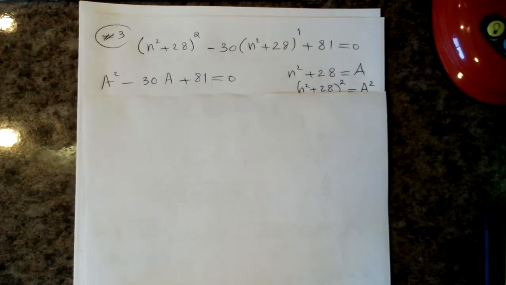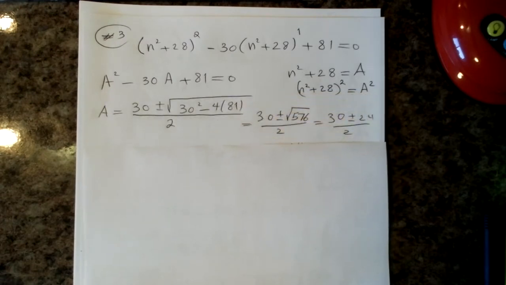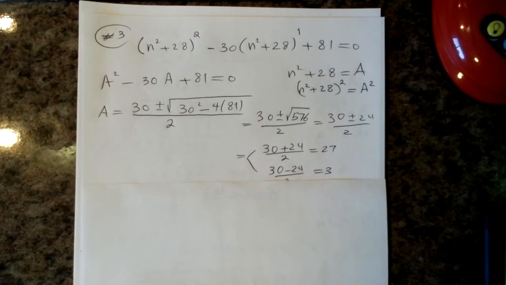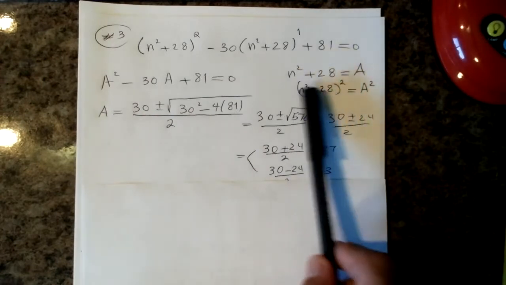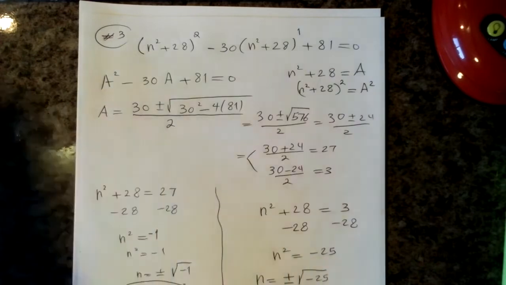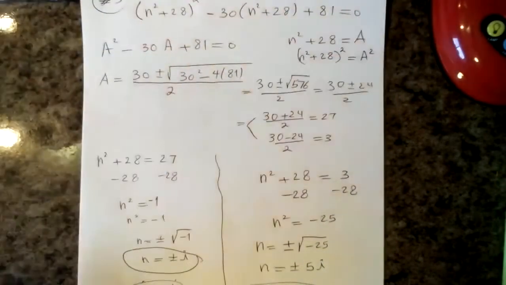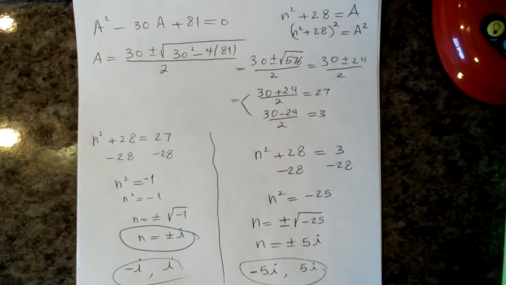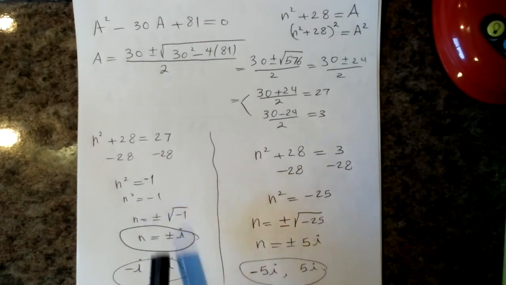Then you solve this equation for a. a is 27 and a is 3. What was a? a is n² plus 28. So then you have n² plus 28 equal to 3, and n² plus 28 equal to 27. Now here, n² is negative 1, so n is plus or minus radical negative 1.